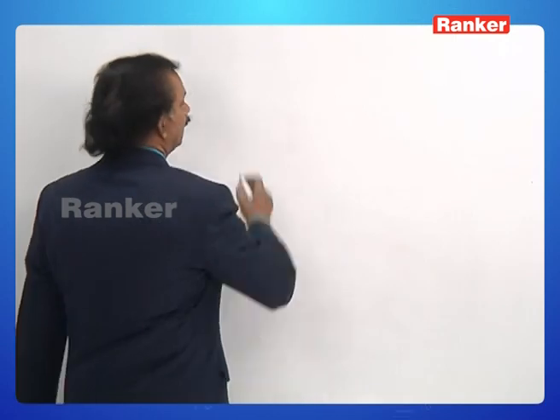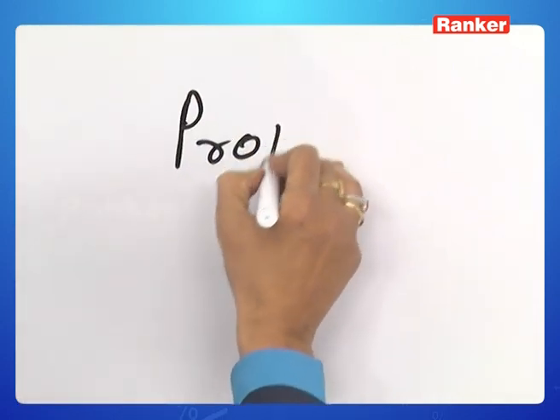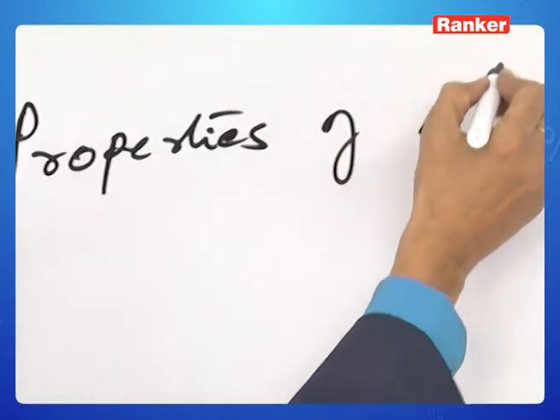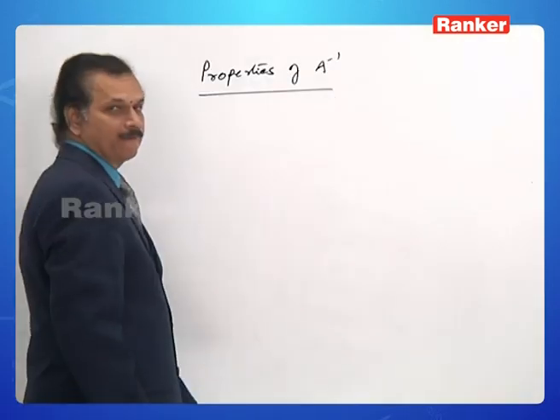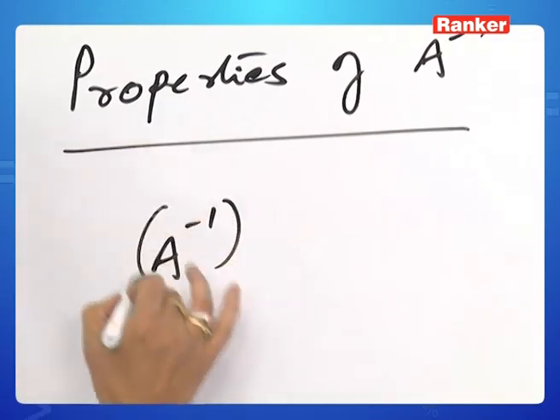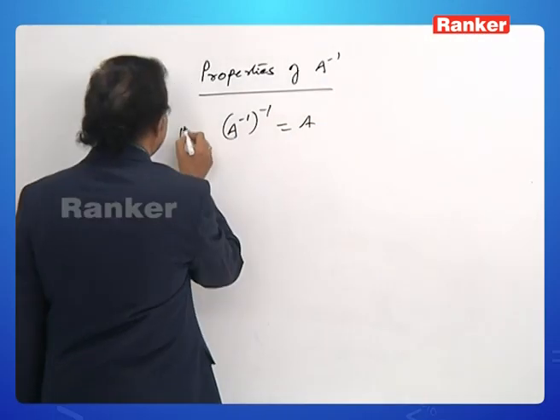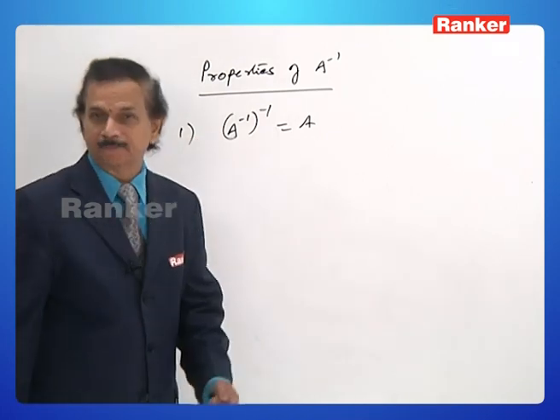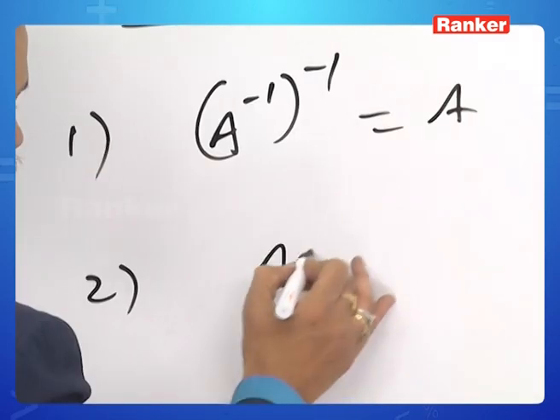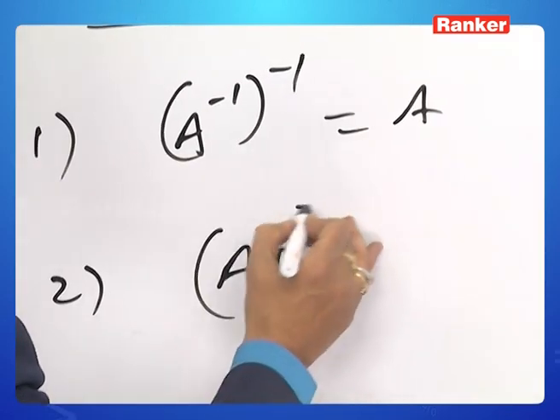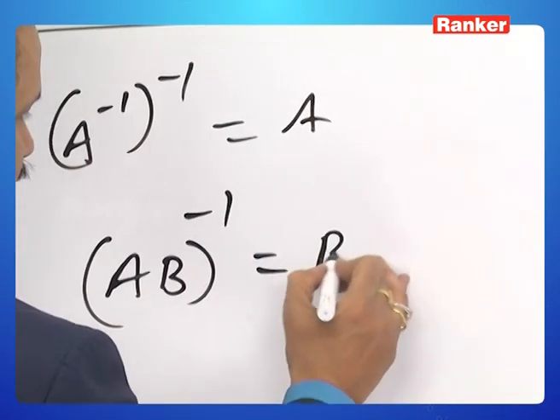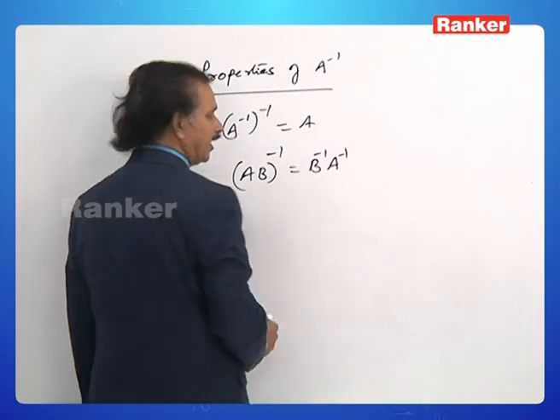The next one. Properties of A inverse. First of all, if A is non-singular, then A inverse whole inverse is A. Next one, if A and B are two non-singular matrices of the same order, then AB whole inverse is equal to B inverse into A inverse.